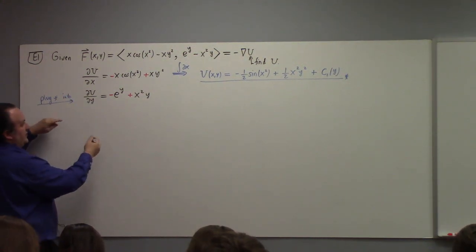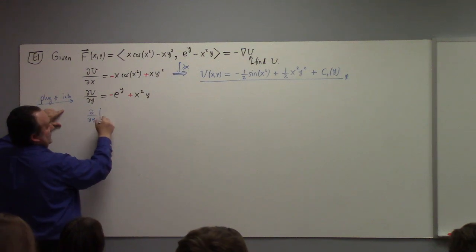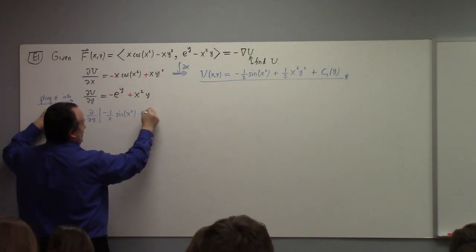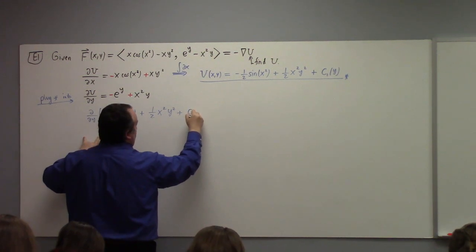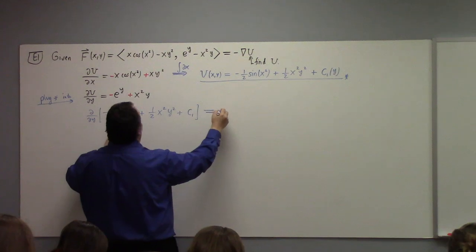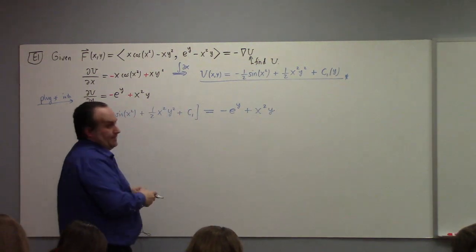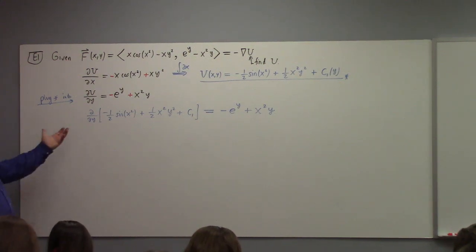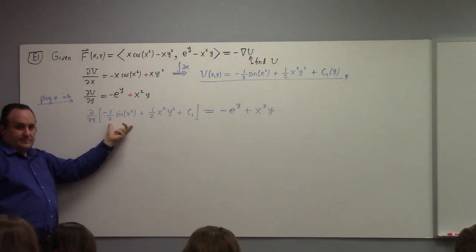What that gives me is partial y of minus 1/2 sine of x squared plus 1/2 x squared y squared plus C1 equals minus e to the y plus x squared y. All right, so what's the partial derivative of the 1/2 sine of x squared term with respect to y? That's 0, right?